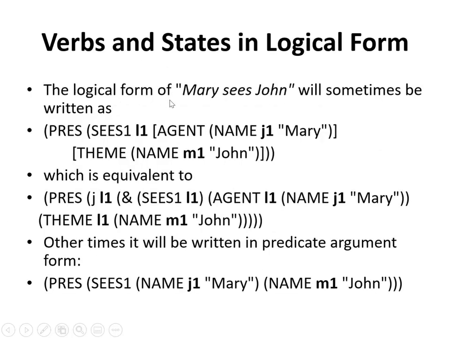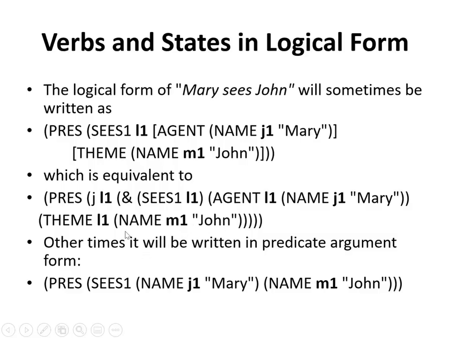The next logical form for the sentence Mary sees John will sometimes be written as present tense sees, then agent name Mary and theme is name M1 John, which is equivalent to present tense sees L1, agent L1, name J1 Mary, theme L1, name M1 John.